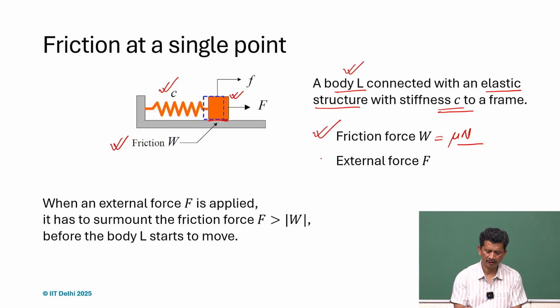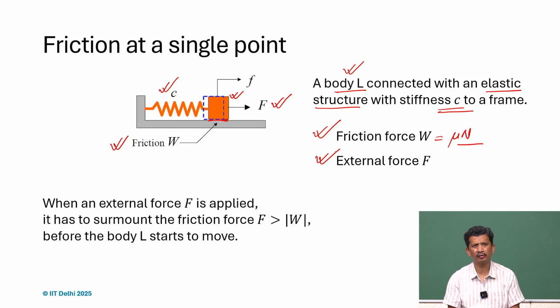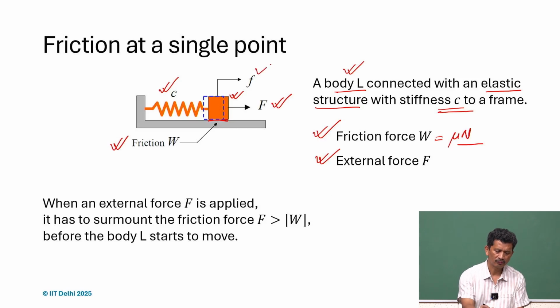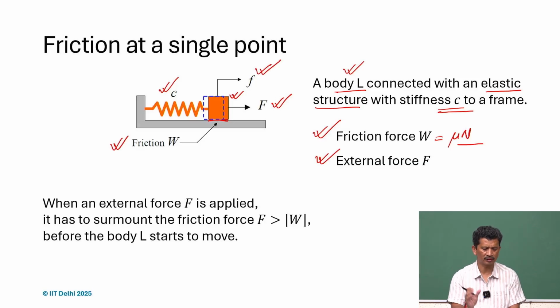And capital F is the actuation force, or the external force that we are applying on the body, and we try to see what the displacement is. So small f is the displacement, the associated deflection of the body. If this is the scenario, what will happen?